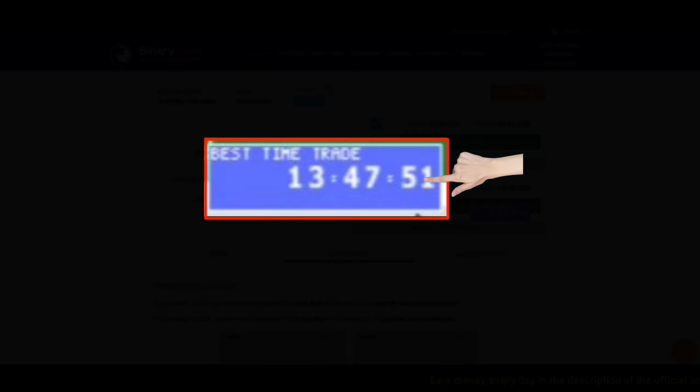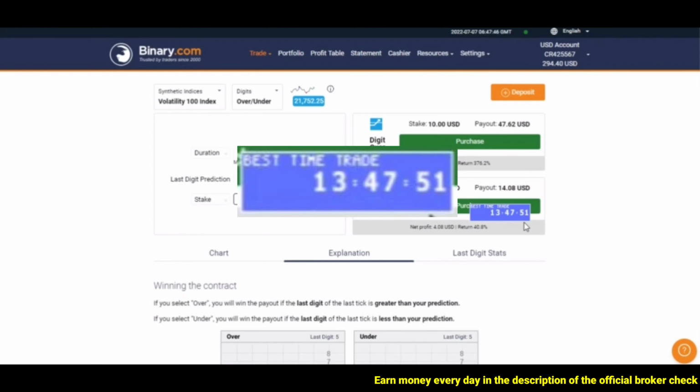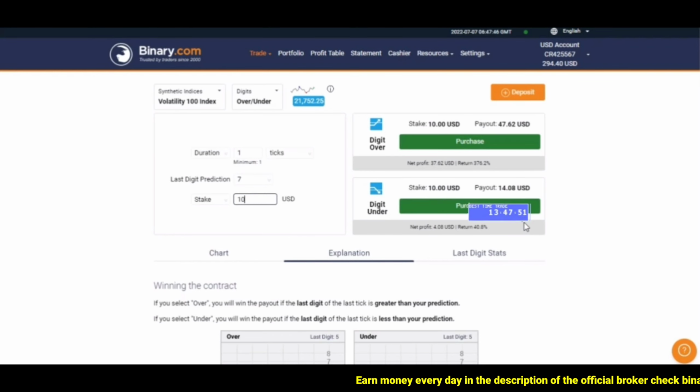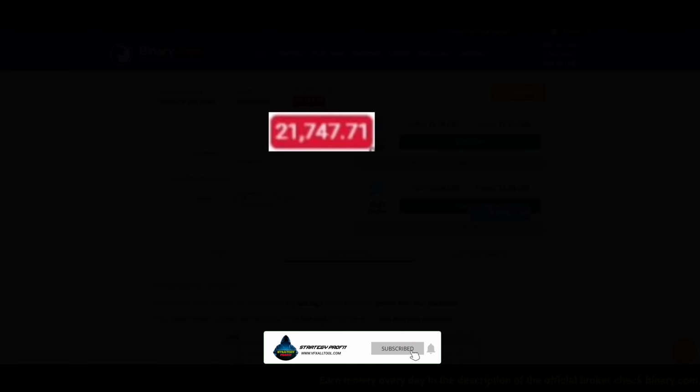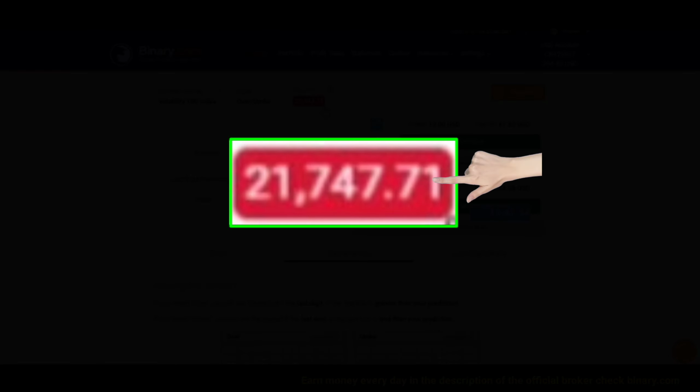Start analysis when the clock is calculated at 00/30 seconds. In this strategy, pay attention to the numbers that come out at the end with numbers 6, 7, 8 and 9.